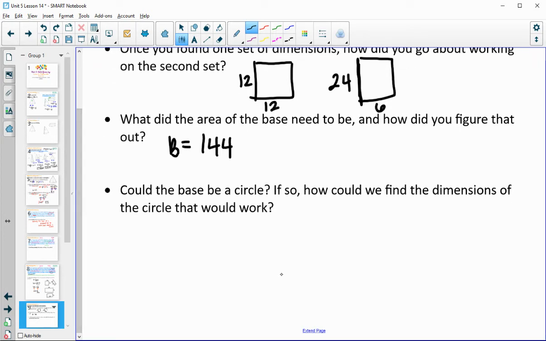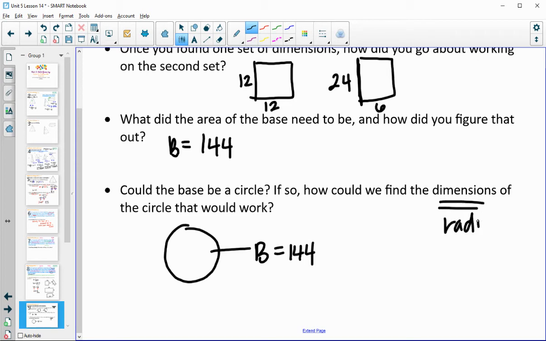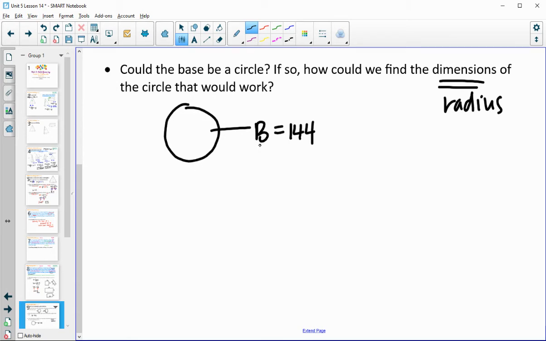And could the base have been a circle? Certainly. Just the area of it would need to be 144. So how could we find the dimensions, which means the radius of this circle? We would have to think about the area formula for a circle, which is pi times the radius squared equals 144.